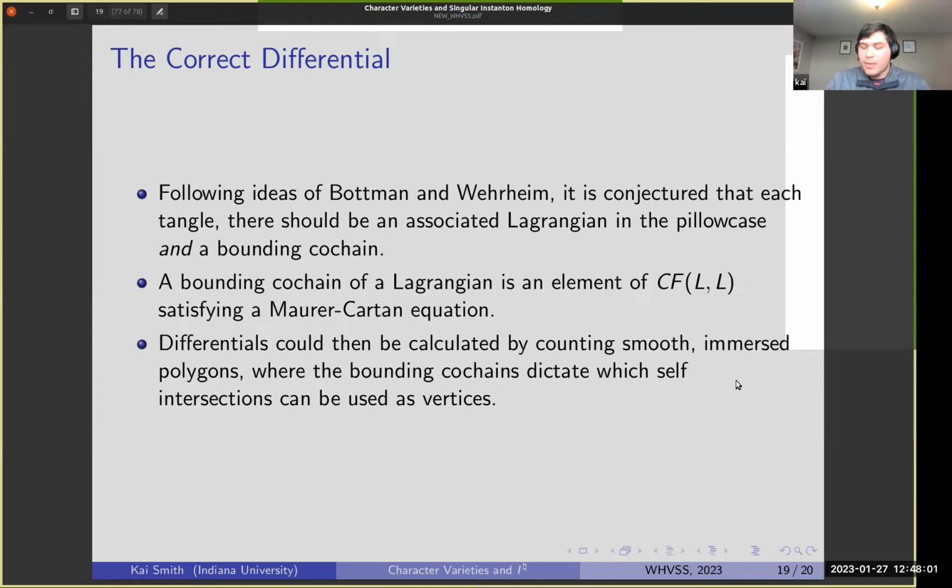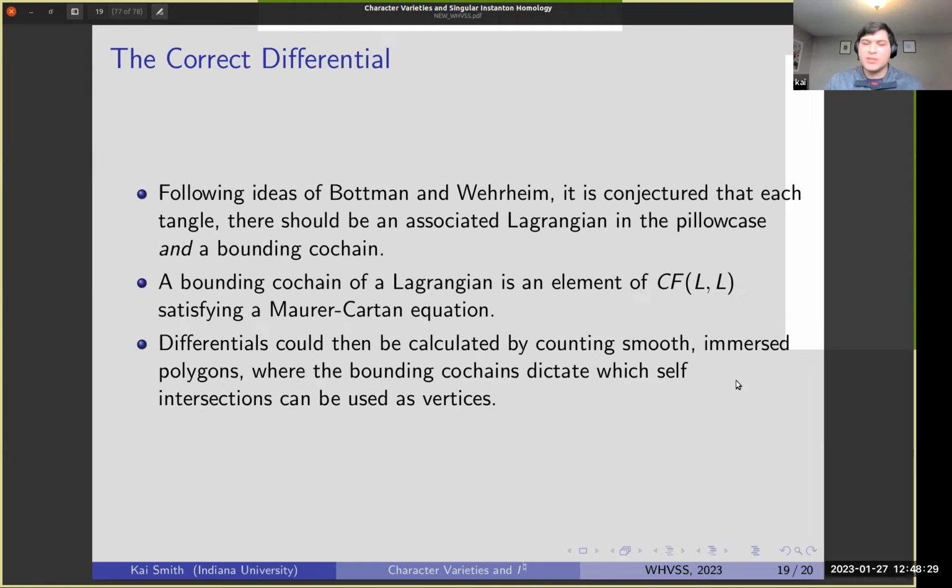And the idea is that if you can figure out how to assign bounding cochains to your tangle, hopefully that data will correct for the differences you get when you change decomposition and give, first of all, a well-defined invariant independent of your choices, but secondly, something that's isomorphic to instanton homology.